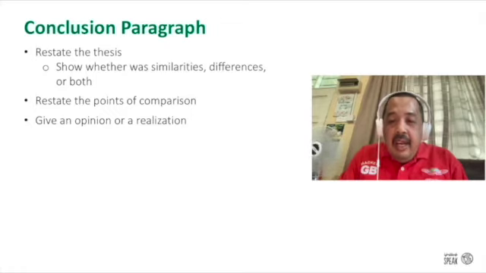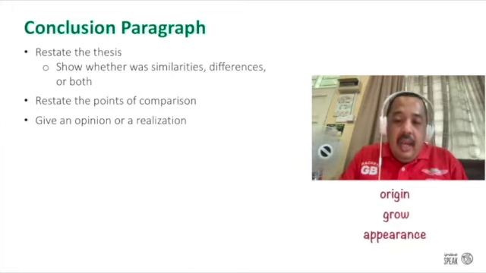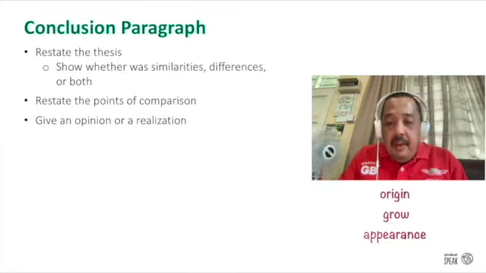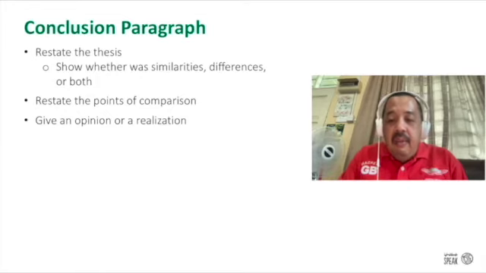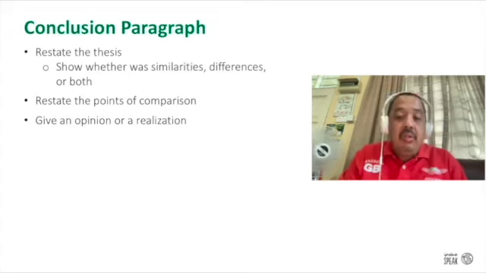And the three points of comparison, where they originated, the climate they grow in, and their appearance, and then we can give a final sentence, some sort of opinion or realization that we had after we analyzed and compared or contrasted these two subjects.